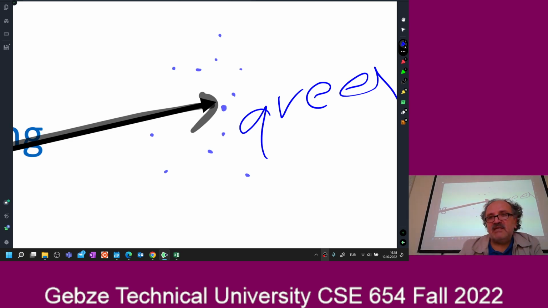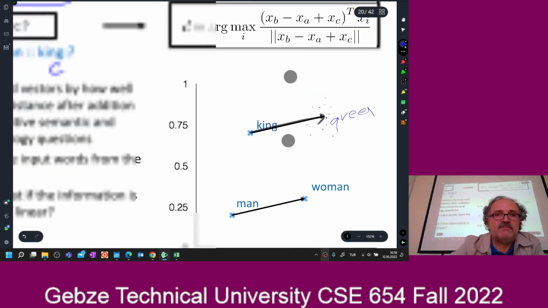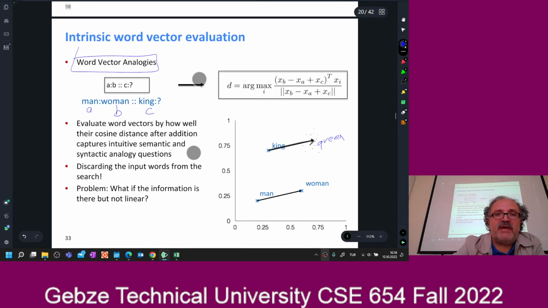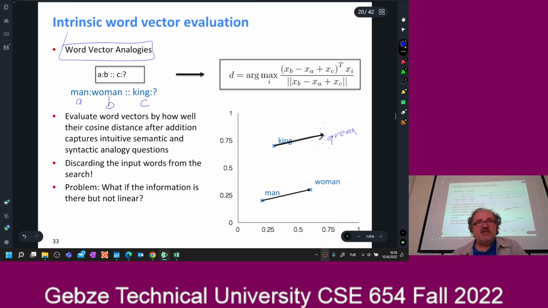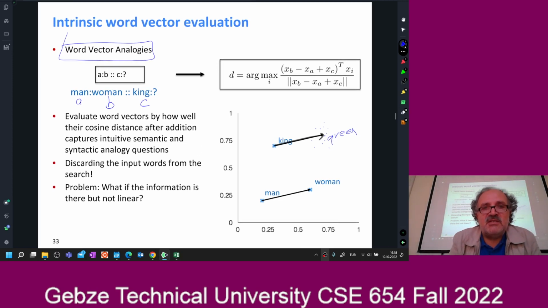It turns out that it is queen. This really works, with Word2Vec or FastText or GloVe. It's called the analogy test. You are finding the analogies. And again, this is all discovered in an unsupervised way.